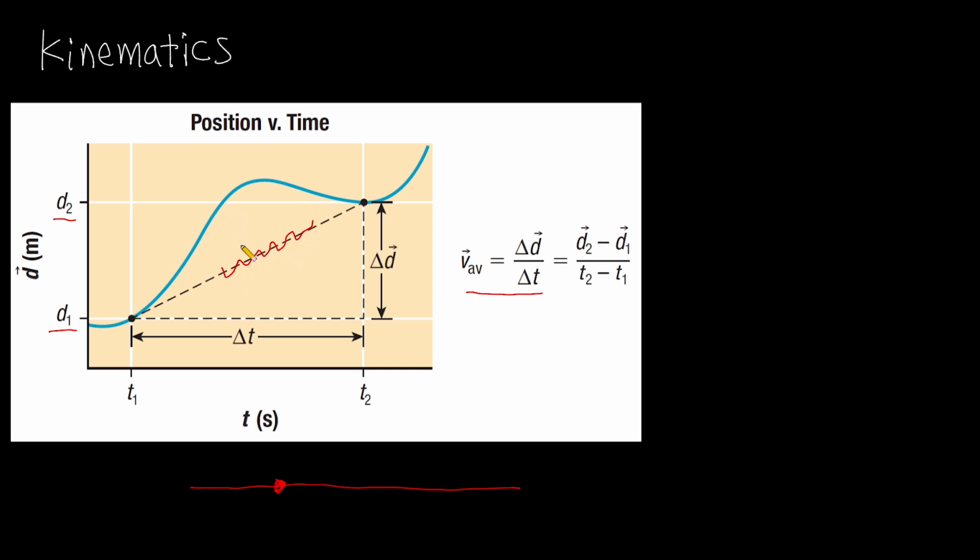This dotted line is the secant of the curve from t1 to t2. So this example shows the relation between the graph and the formula.